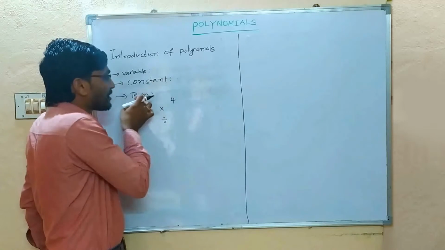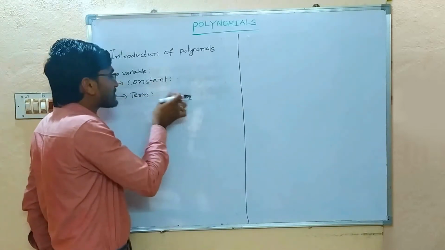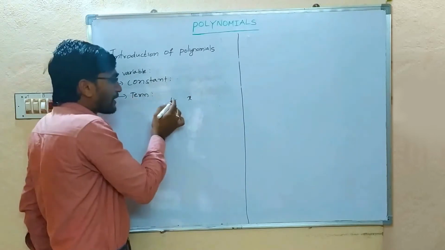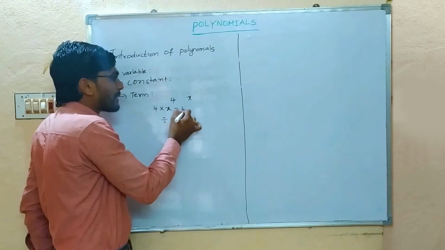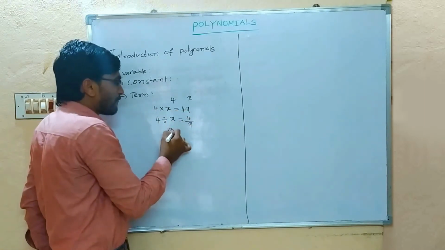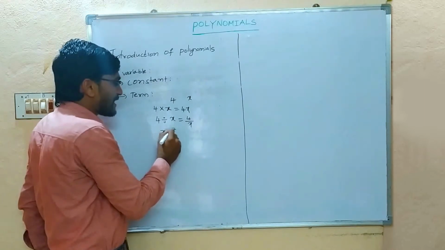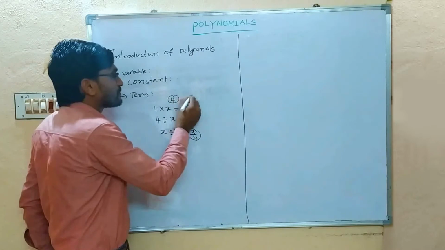Only 4 is also called a term. x is a variable. Only x is also called a term. Or this combination by multiplication, that means 4 into x is nothing but 4x, 4 divided by x is nothing but 4 by x, or 4x is divided by 4 is nothing but x by 4. These are all called the terms.